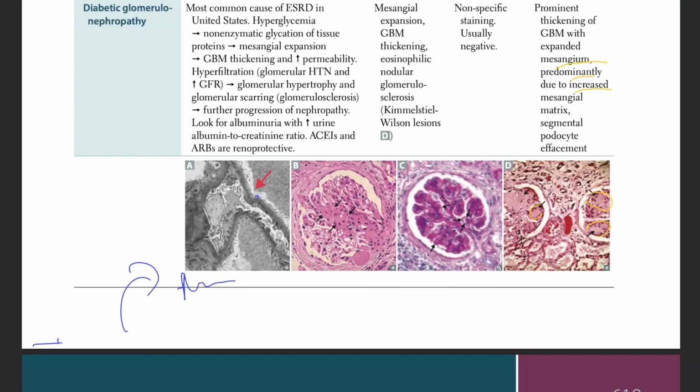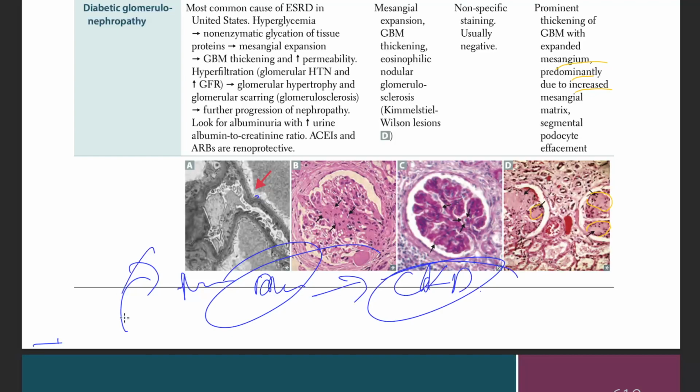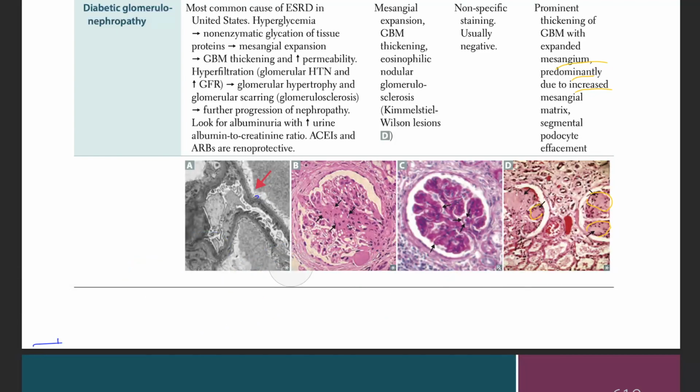In African Americans, blacks, with comorbidities, which can lead to CKD in blacks. Okay, so I just talked about hypertensive nephrosclerosis.